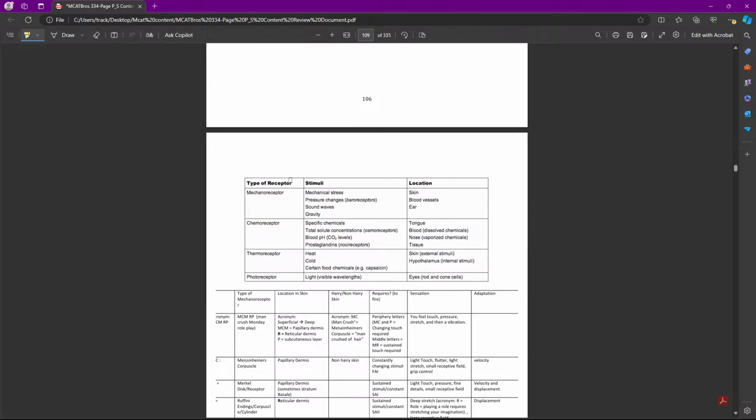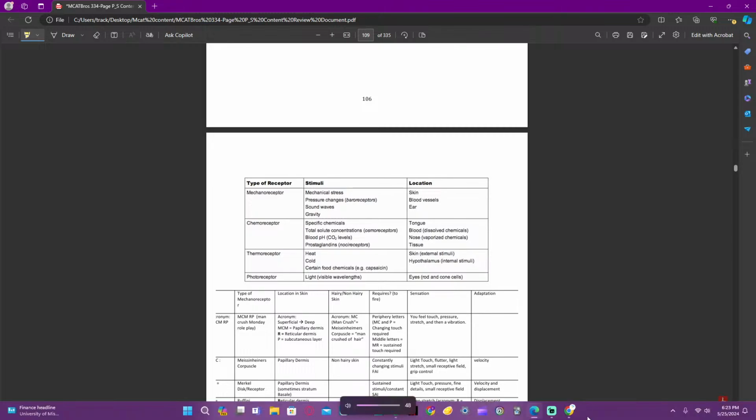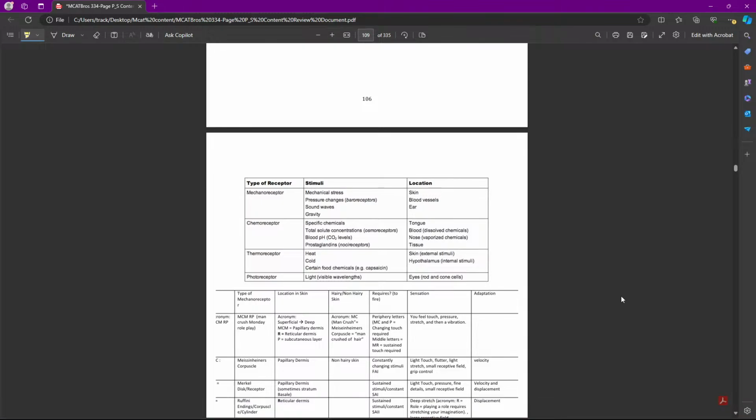So generally think of regions in the body where there's going to be pressure, or receptors where you can determine where pain is.